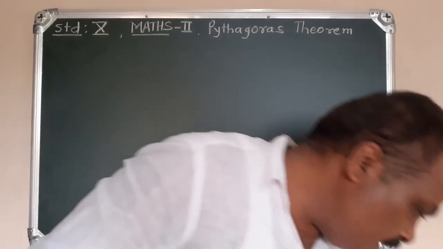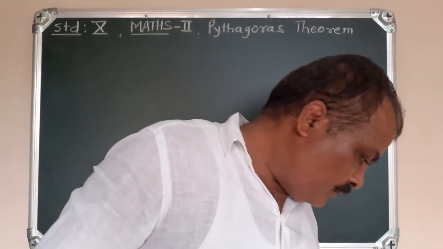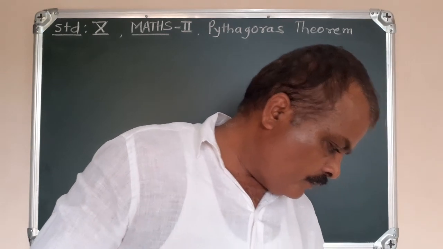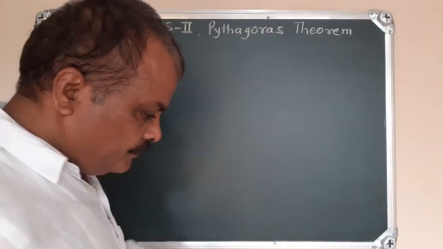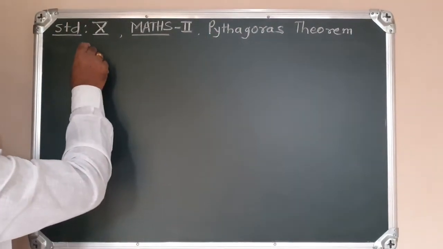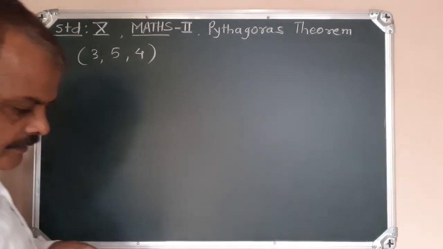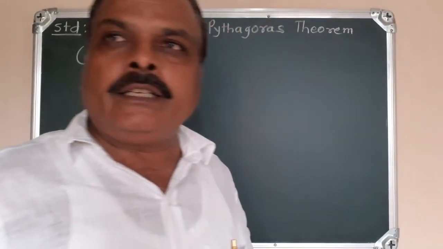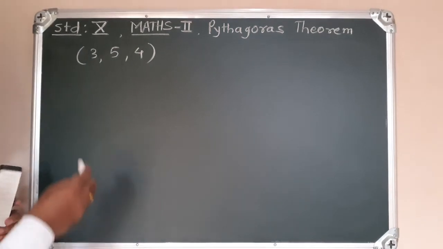In that there is question number 1. Identify with reason which of the following are Pythagorean triplets. They are given 3, 5, 4. We have to identify whether this is a Pythagorean triplet or not.